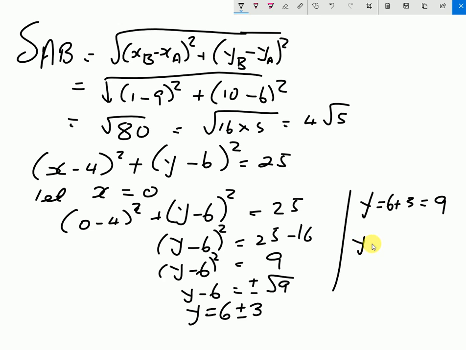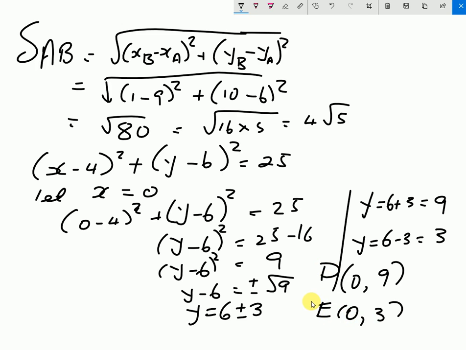Y is equal to 6 minus 3, which is equal to 3. So one coordinate is (0; 9) and another coordinate is (0; 3). So this one here is E, and the top one is D. You got everything right, people.